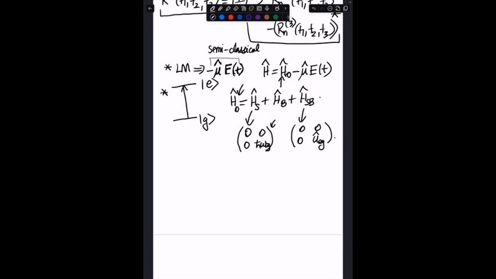So if its average transition energy is h bar omega Eg, at some arbitrary time, this omega EG of t will just be equal to omega EG, which would be your average transition energy mentioned here, plus your fluctuation in transition energy at that specific time divided by h bar.